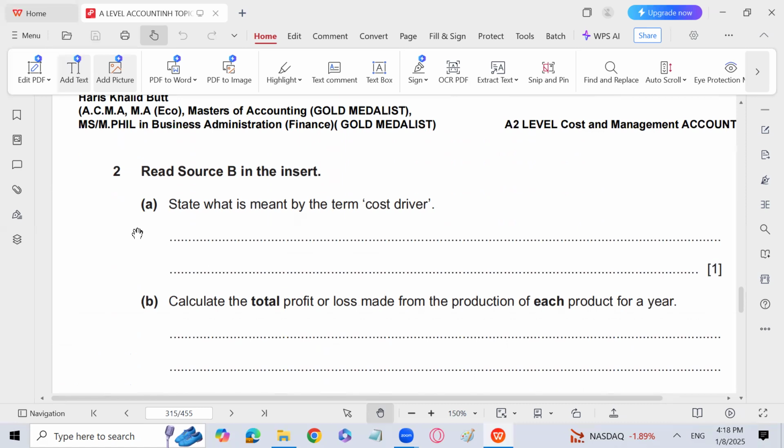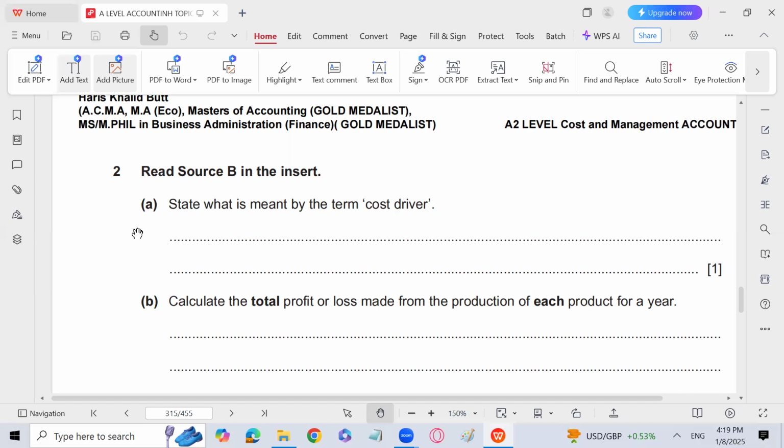Cost drivers are the activities consumed by each cost unit which drives the cost between different products for each cost pool.